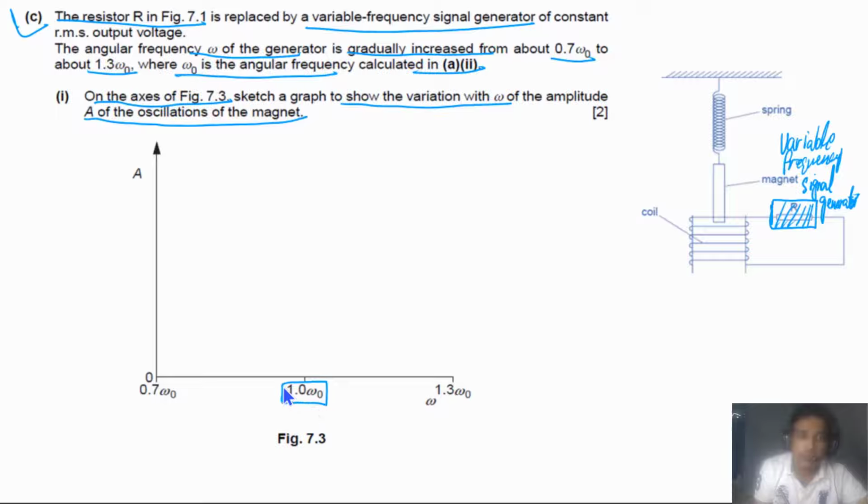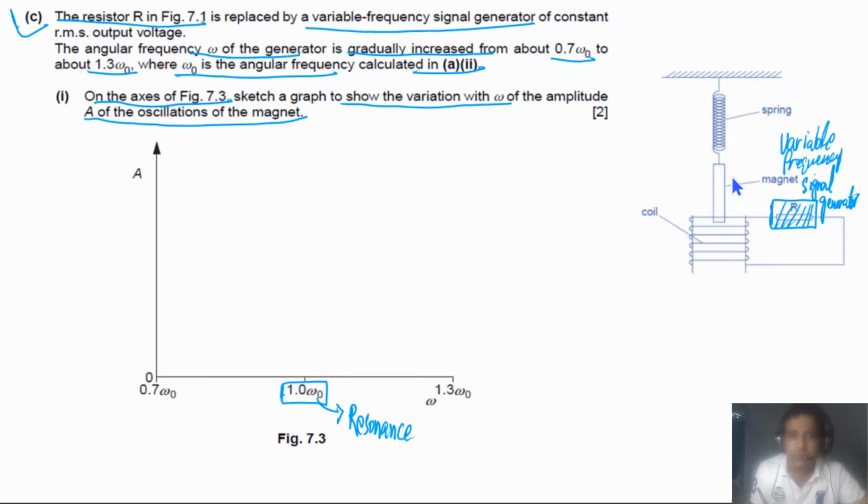Resonance will take place because the driving frequency will be equal to the natural frequency of this harmonic oscillator. When resonance takes place, the amplitude of oscillations will be maximum, and if we increase the frequency more, it will start to decrease. These points we need to understand.